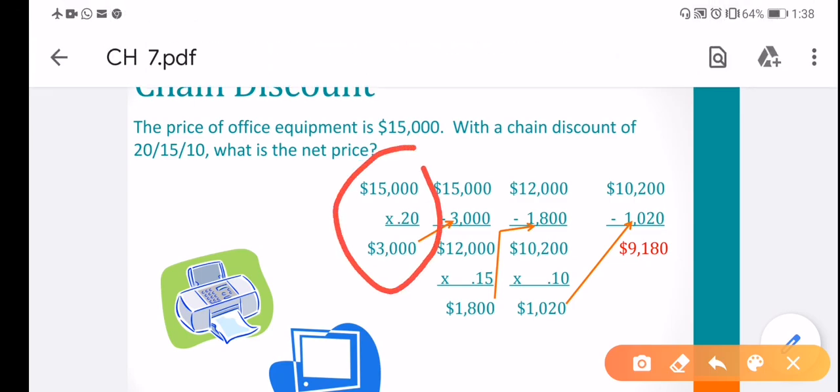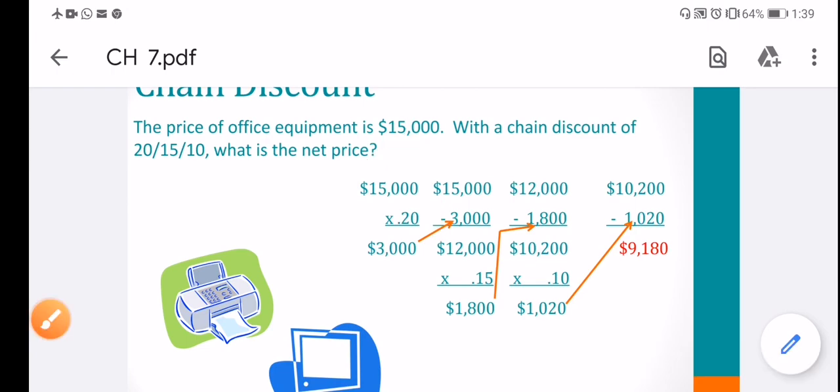We get 3,000. It means that we have a 3,000 discount from the 15,000. So how much should I pay? 15,000 minus this 3,000, which is 12,000. Now the current price of the office equipment is 12,000. No more talk about 15,000.